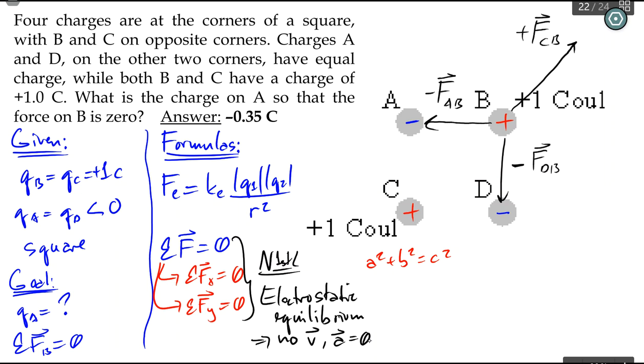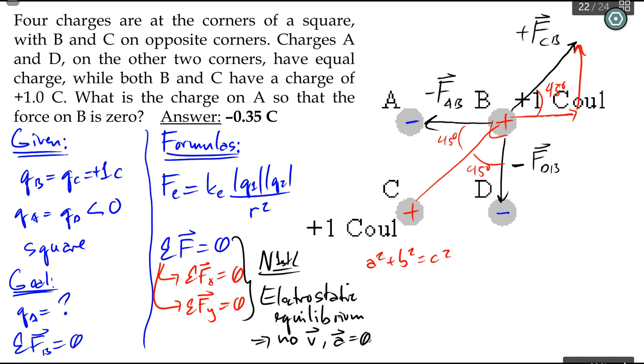And this force here is going to have an X, I'll just put a solid, and a Y component. This angle should be 45. Should be the same angle here, if that is 90.